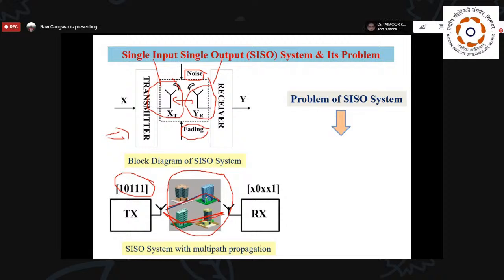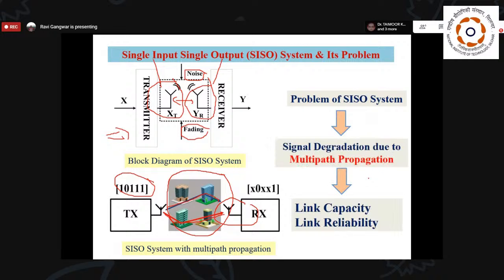When we analyze this signal at the receiver side, since the signals follow different paths, they reach the receiver at different time slots, and they also go through different environmental conditions. Due to that, the signal goes through different kinds of problems.